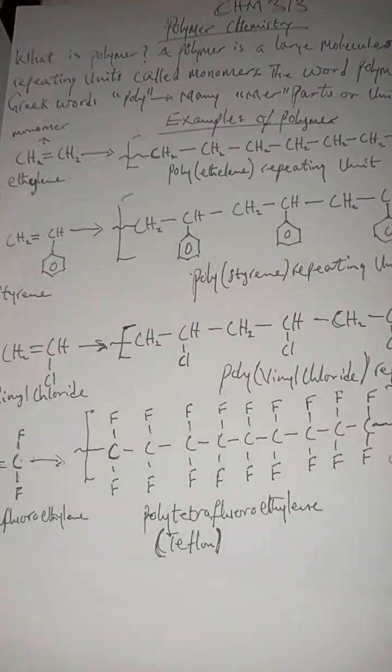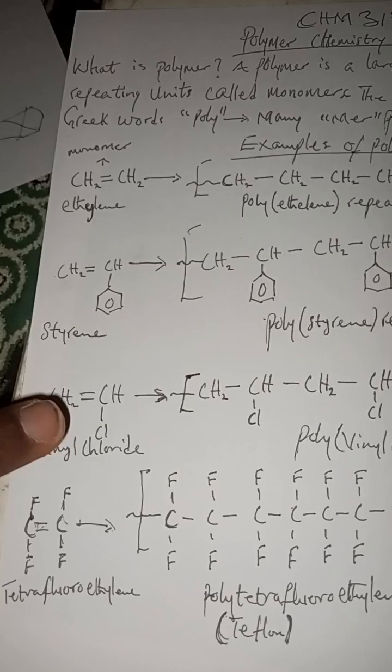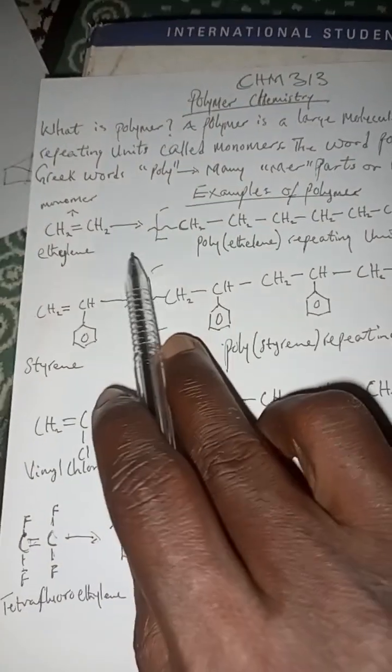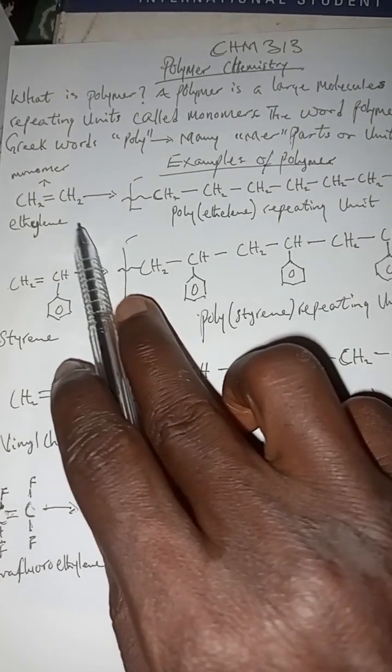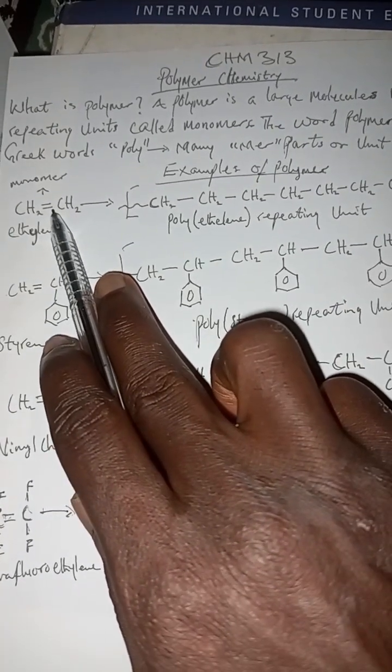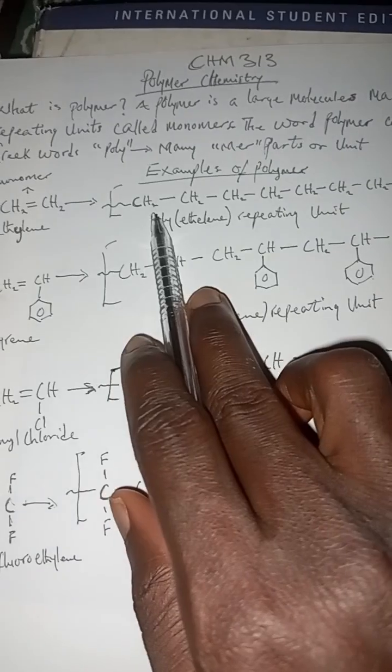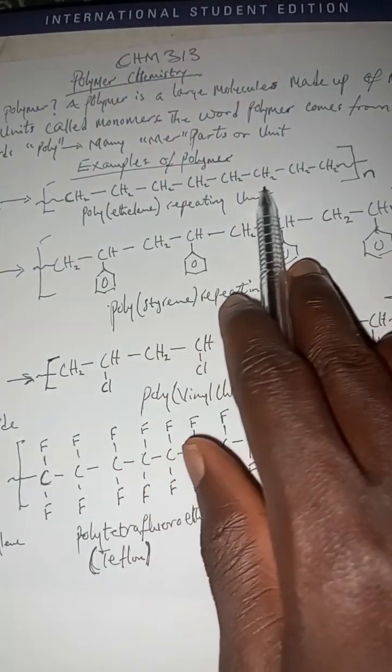To have many examples of polymers, look at this. Here is the monomer. You can see the monomer here. So when one of the double bonds breaks, it will repeat itself as many times as possible.